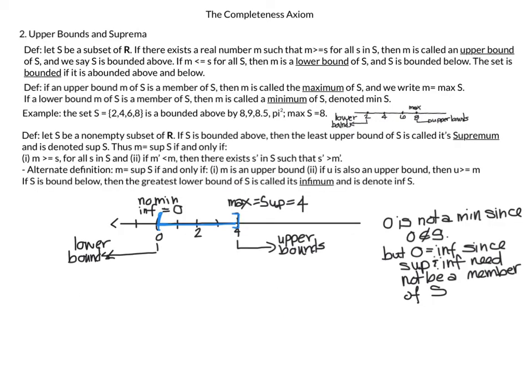Our next definition is of the supremum. If S is a non-empty subset of the real numbers and S is bounded above, then the least upper bound of S is called its supremum.